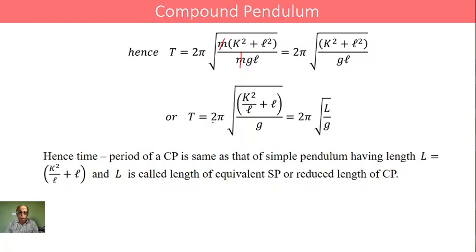Therefore this will be 2 pi into root of capital L by g, where capital L is equal to k square by small l plus small l. Hence the period of a compound pendulum is the same as that of a simple pendulum having capital L equal to k square by l plus l.